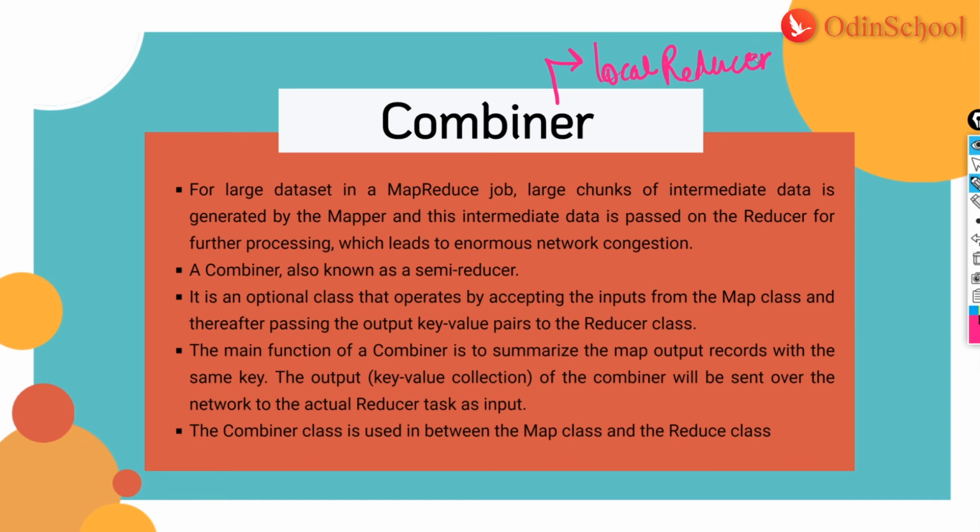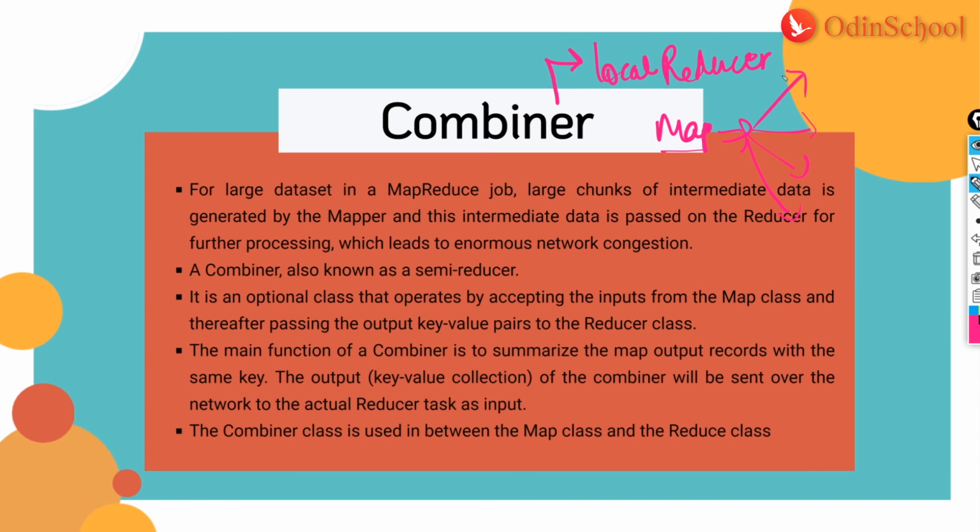With a very large data set, the flow is like this: the mapper output, all those key value pairs, would be traversed over the network, and then the reducers would aggregate. This intermediate data generated by the mapper gets passed to the reducer, and since this is very big data, network congestion may happen.